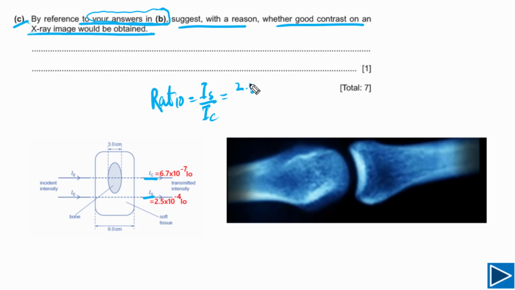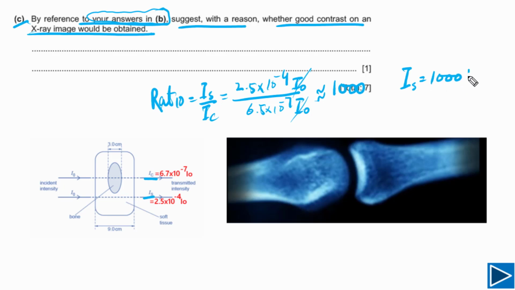IS is 2.5 times 10 to negative 4 I naught, and IC is 6.5 times 10 to negative 7 I naught. So I naught we can cancel. The approximate answer is that the ratio will be about 1000. So it simply means that IS is about 1000 times greater than IC.